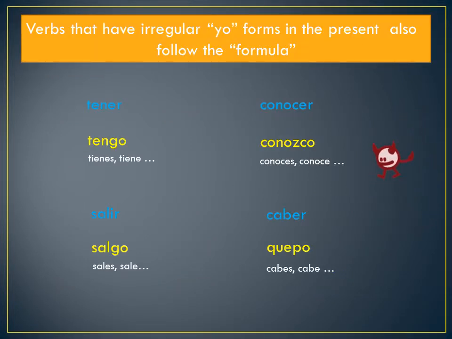Remember that some verbs had spelling changes just in the yo form? We're going to keep that model and use it to conjugate through first person, second person, and third person, singular and plural.